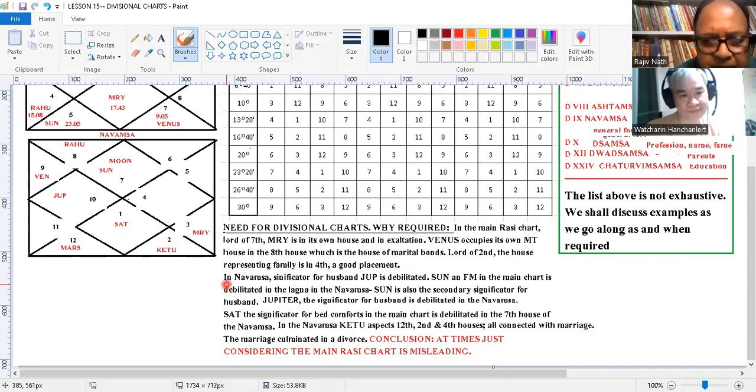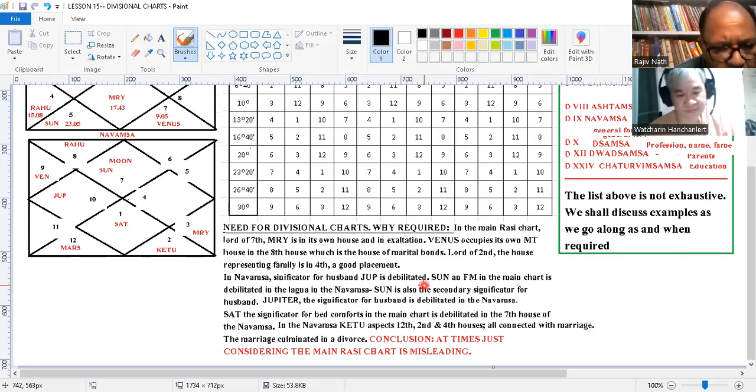In the Navamsa, look at the significator for husband. This is a female chart. The general significator for husband in any female chart in the Vedic astrology that we study is Jupiter. In Navamsa, the significator for husband, Jupiter, is debilitated.